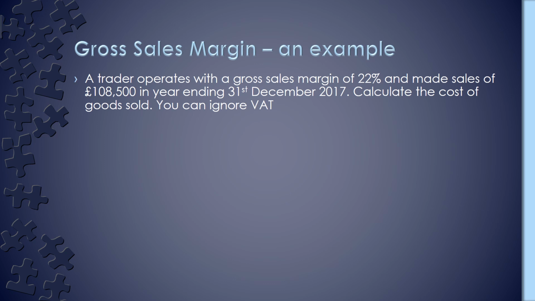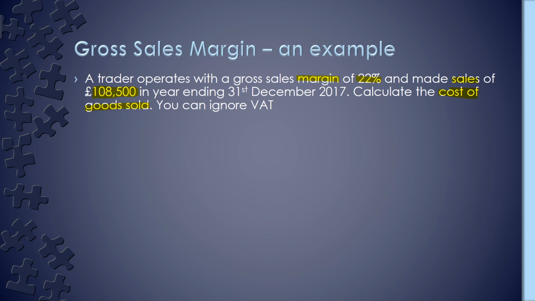You can ignore VAT. So the key things we're going to pull out of here is that we have a margin of 22% and our sales figure is 108,500, and we need to calculate the cost of goods sold.